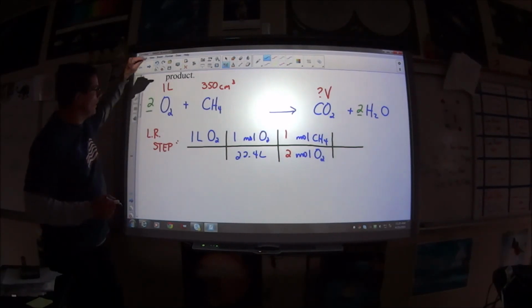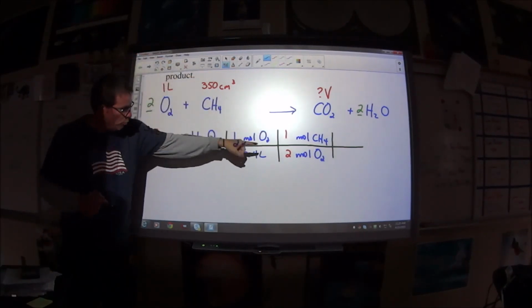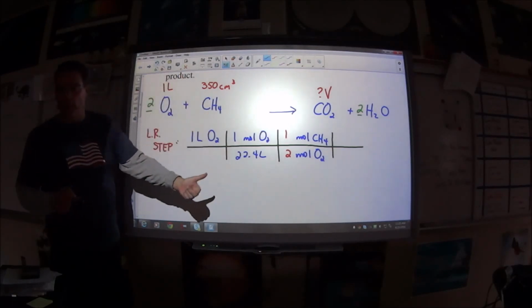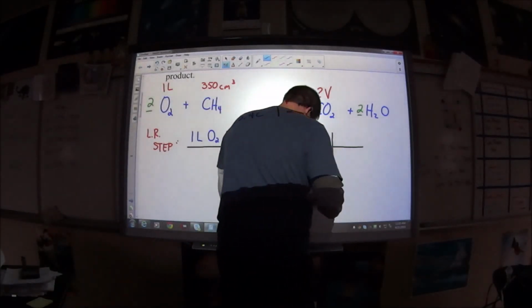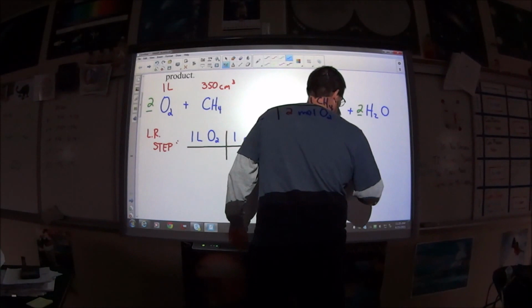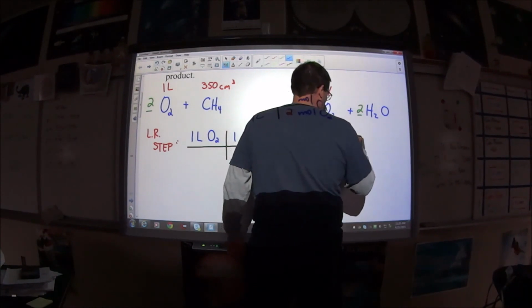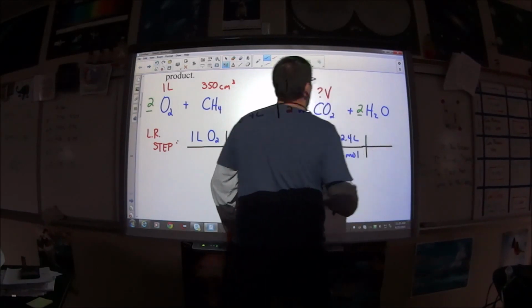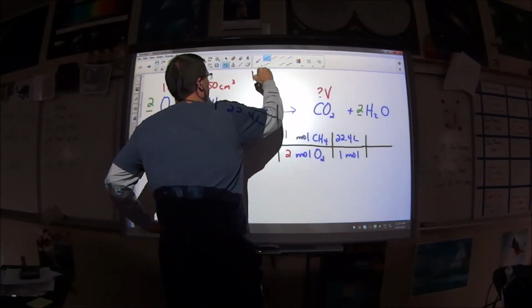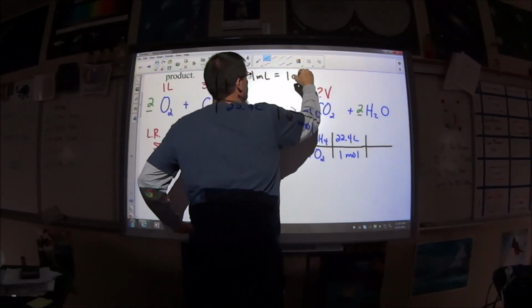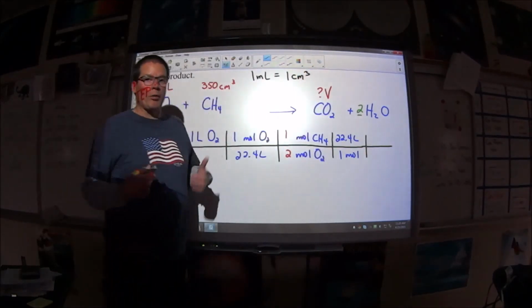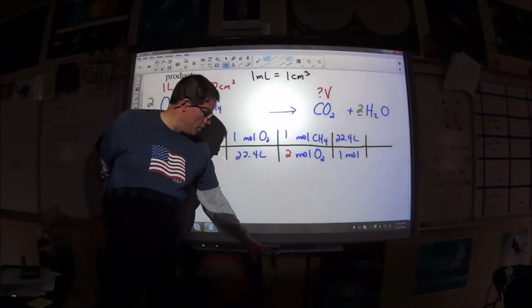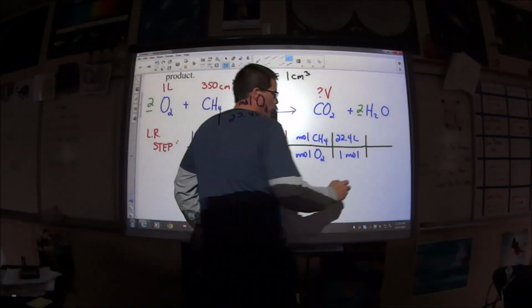So what that means is I need to convert the moles into liters, and then I'll convert the liters into centimeters cubed. I'm going to have my 1 mole of methane, which is equal to 22.4 liters. And remember on the quiz when I gave you the conversion that 1 milliliter equals 1 centimeter cubed? That's what we're going for. So I want to change my liters into milliliters.